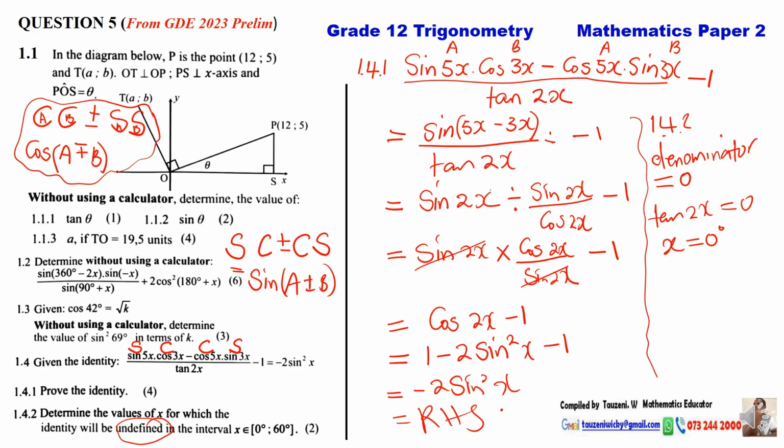Tan 2x is also undefined if the angle is equal to 90. If you remember from trigonometric functions, the asymptotes for tan. So we equate 2x to 90, and that will give us x is equal to 45 degrees, because at 90 degrees, that is where the asymptote is. Tan is undefined at that point.